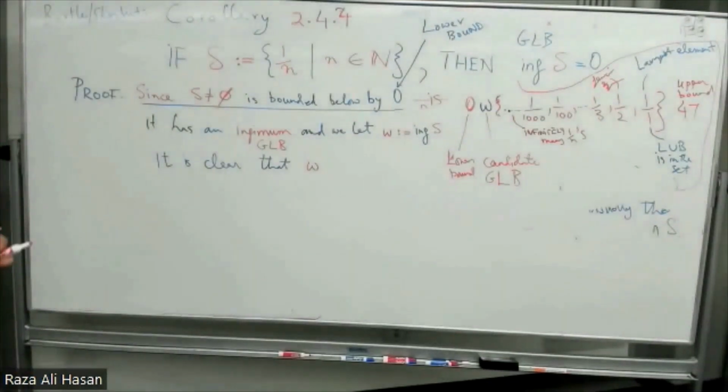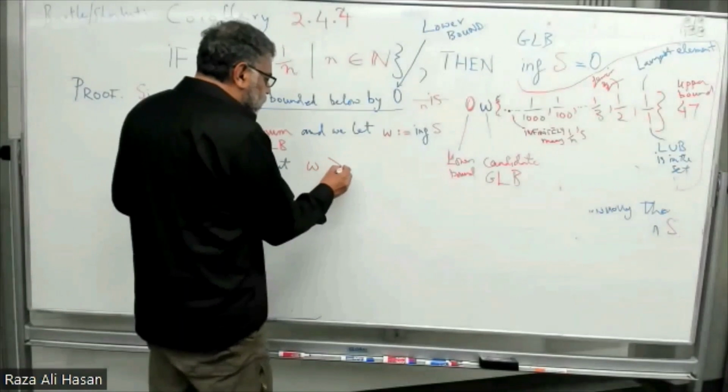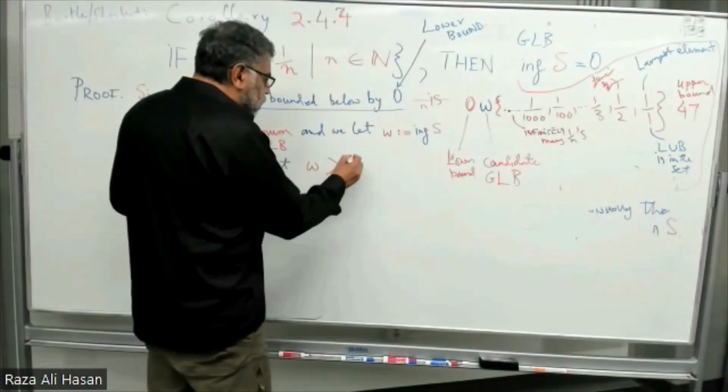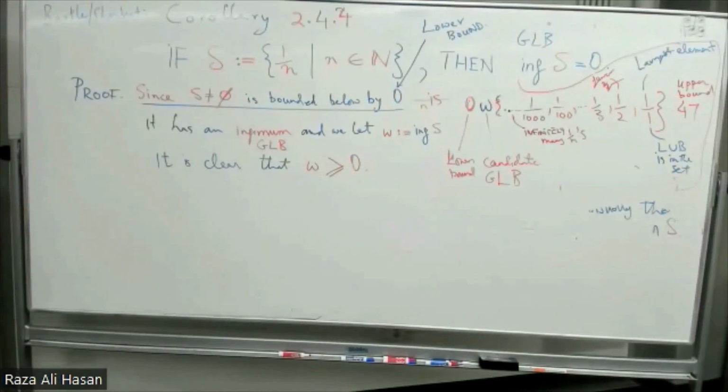Okay, so it is clear that W is therefore greater than or equal to 0, because set S isn't on the negative number line.